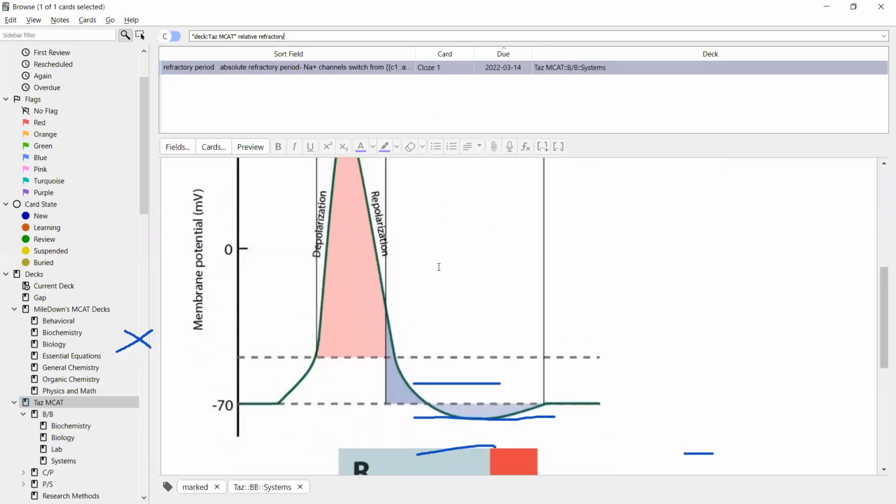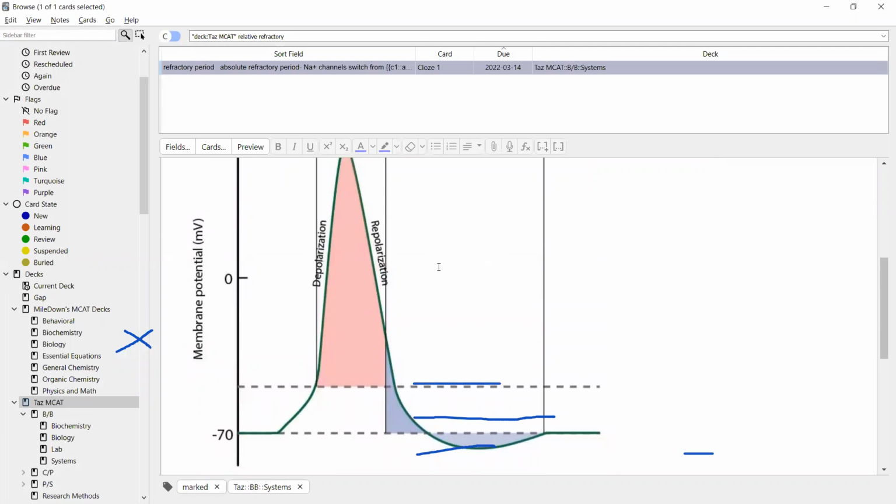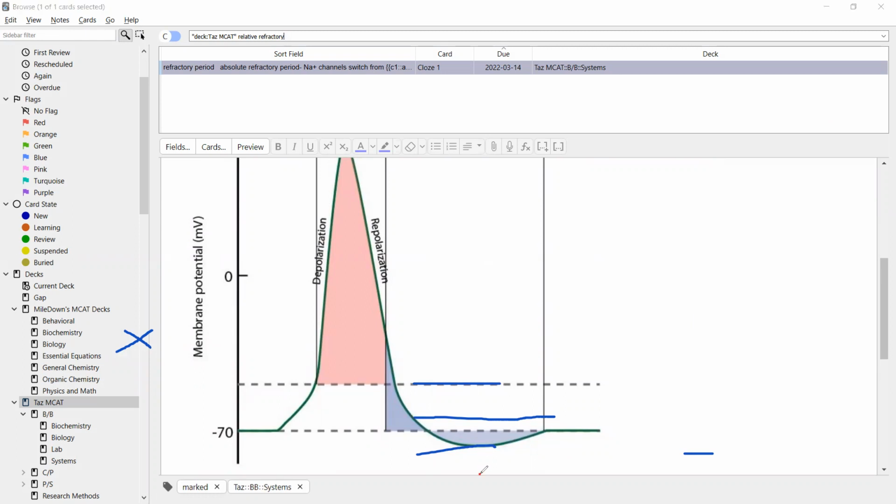So if you look at this graph here, if a signal wants to come in at this point, does the signal need to be weaker, stronger, or the same for us to reach threshold potential? Stronger, right? Because we have a greater deficit, a greater amount of membrane potential to cover.